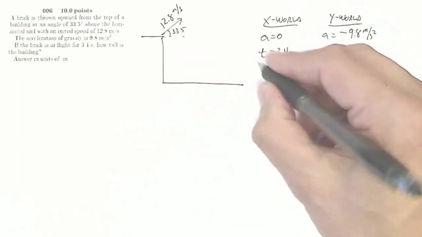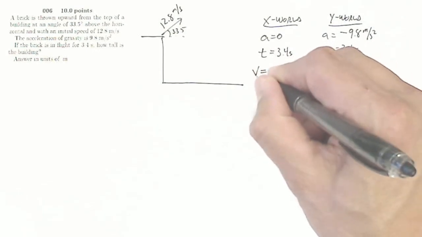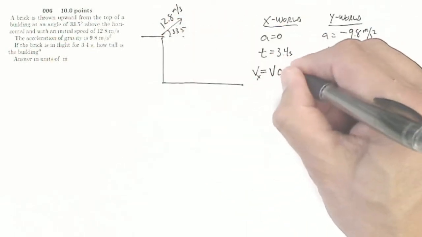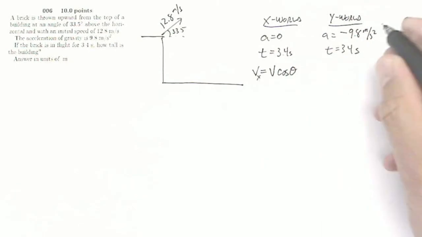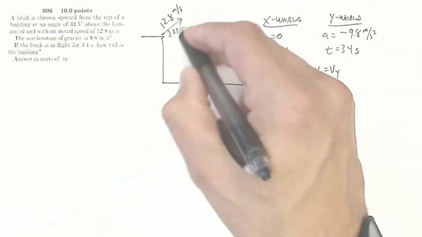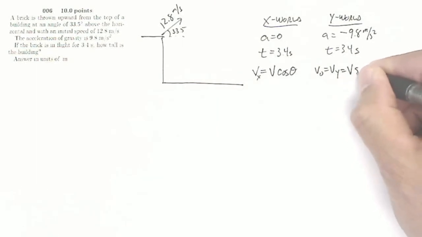But in the X world, I know that my velocity is going to be my overall velocity times the cosine of the launch angle. I know that in the Y world, my initial velocity is going to be my Y velocity from this, and that's going to be my overall velocity times the sine of theta.